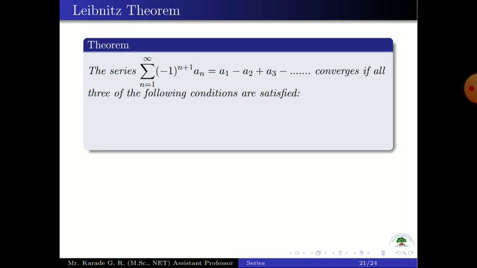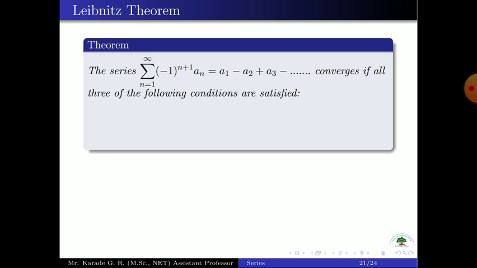The series summation, n runs from 1 to infinity, minus 1 raised to the power n plus 1 an, and the expansion of that series is a1 minus a2 plus a3 minus ..., converges if all three of the following conditions are satisfied.